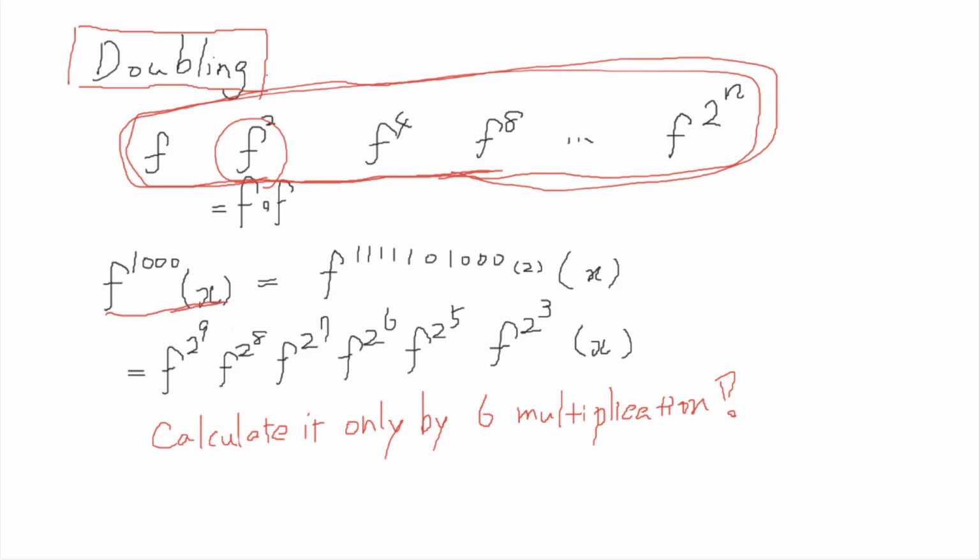If you want to calculate f to the thousand of x, first we write thousand in binary. So thousand is 11111010000 in binary. So we can factorize f to the thousand as follows.